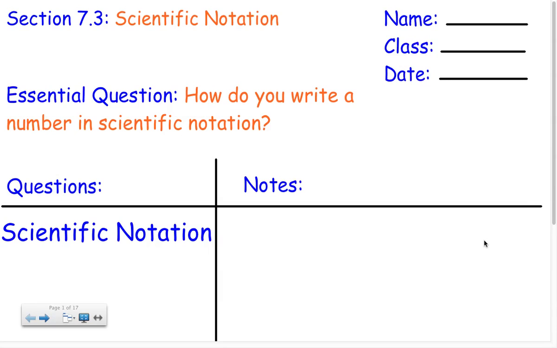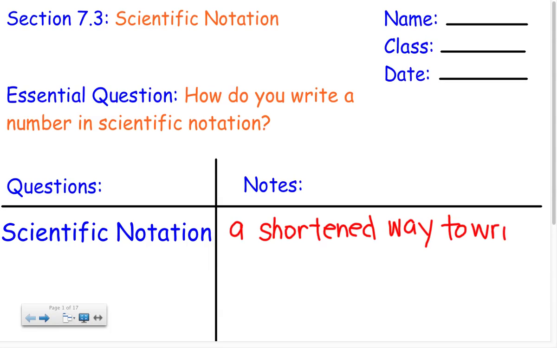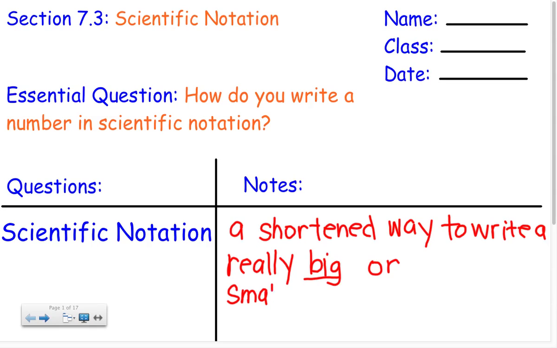The definition of scientific notation is a shortened way to write a really big or small number.